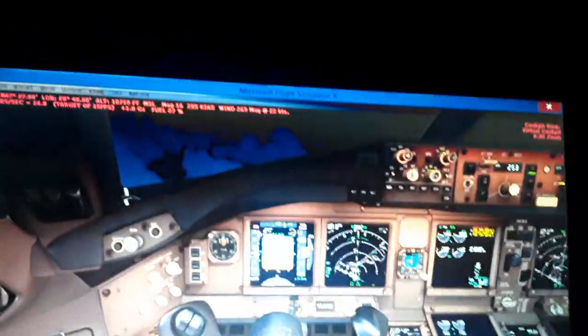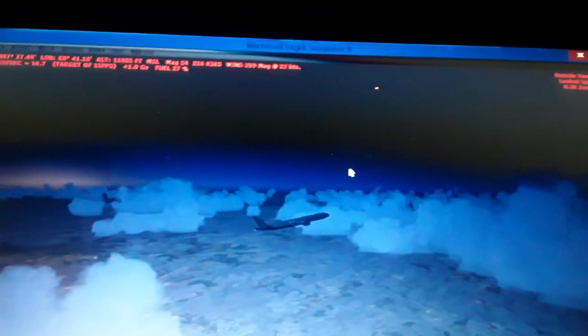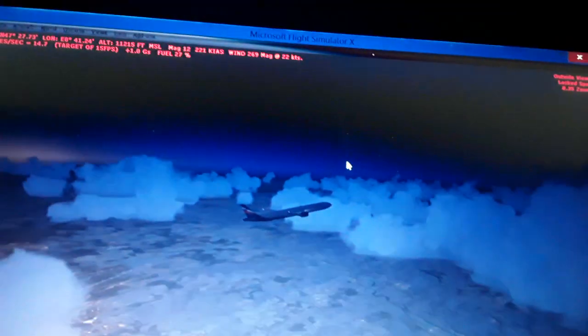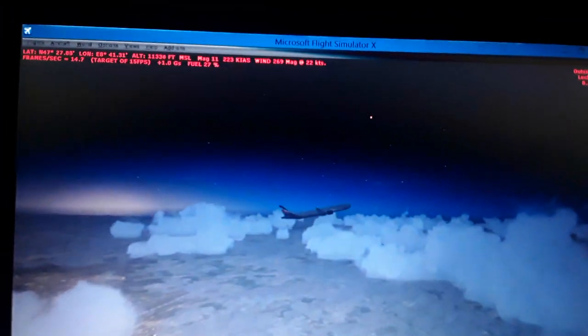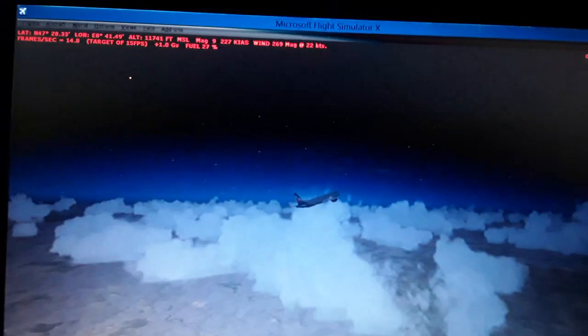So we have to cross this waypoint in a couple of seconds, and I'm going to show you also the outside view. We have this beautiful view over here of the Boeing 777. We fly with 600 kilometers an hour, 250 meters per second, and glide through 11,000 feet above Switzerland.